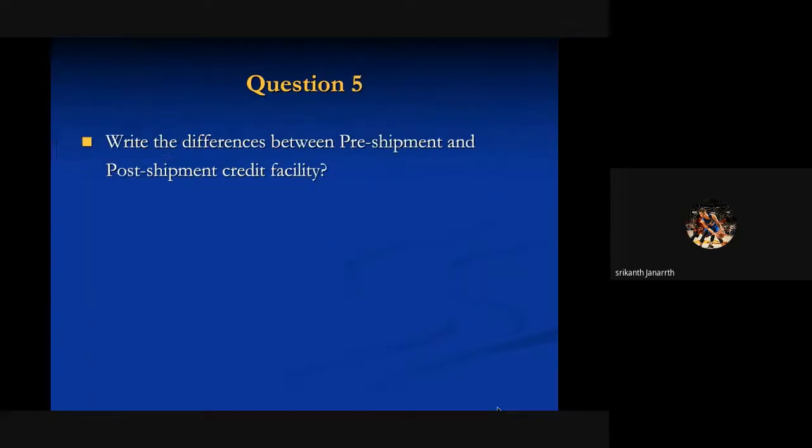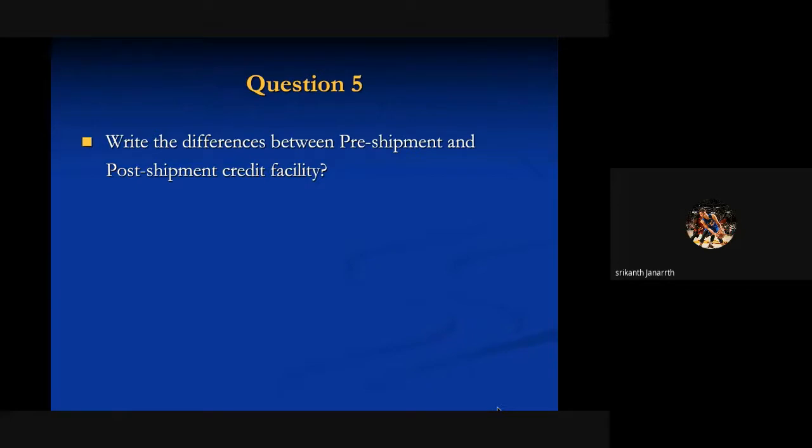Okay. What is the difference between pre-shipment and post-shipment? This is a direct question. What is pre-shipment? What is post-shipment? You can just jot down this kind of question, you can expect it in the exam, right?